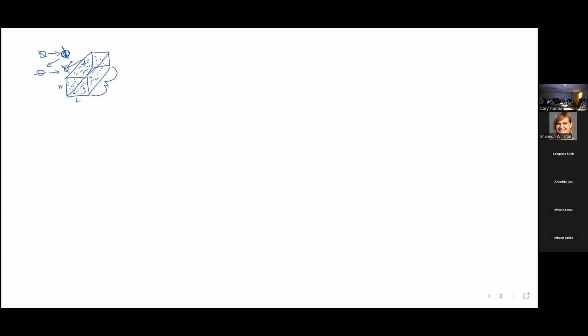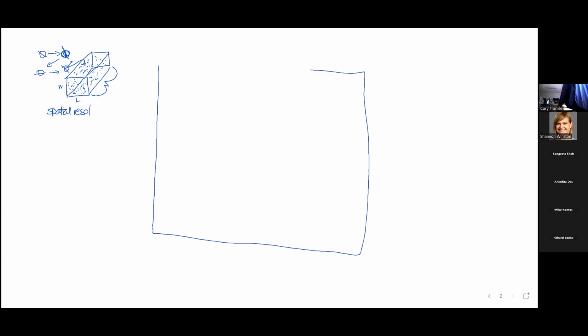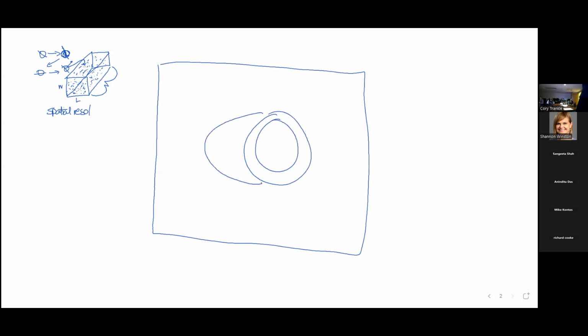Your spatial resolution, we'll talk about that in a minute. See, here's our picture. Remember we had that square, and in the middle of it we had the LV. Remember, we just looked at this. We had the LV, we had the RV.